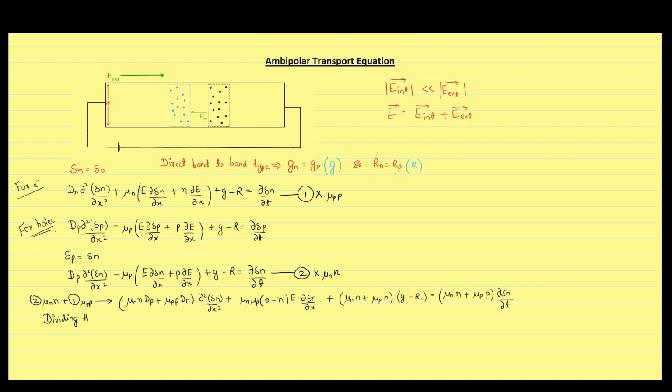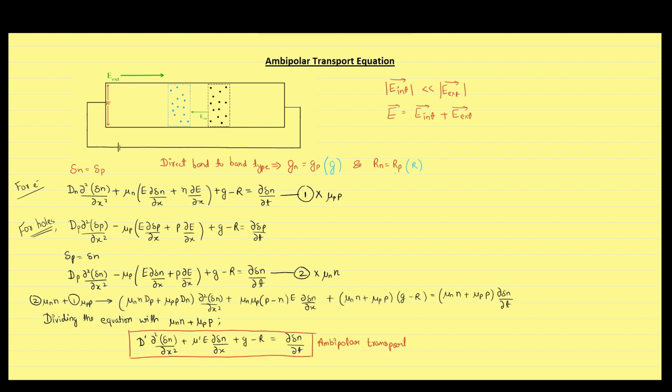By dividing the whole equation by the mobility of free electrons times free electron concentration plus the mobility of holes times hole concentration, we will get this final equation, which is called the ambipolar transport equation.